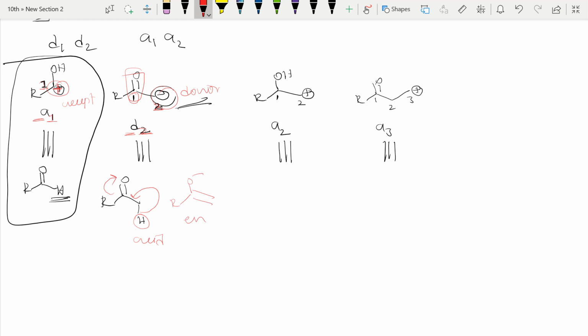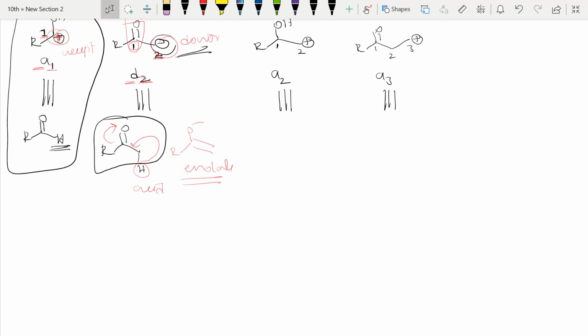We call it an enolate anion, right? So I can write it in ketone form, RCO CH3, or sometimes like this also, CH2 CO OEt, because this proton is again acidic and this group can be eliminated.